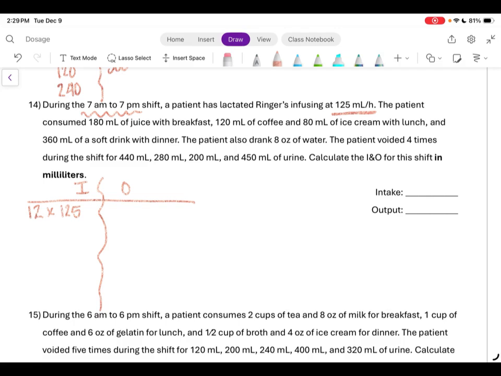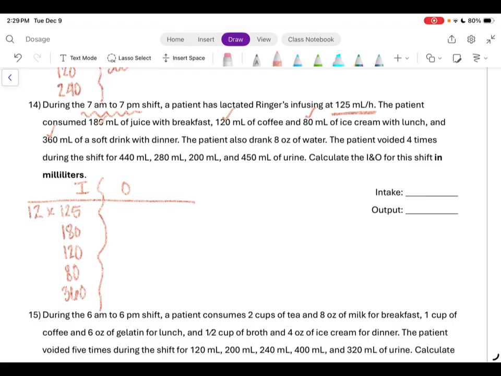Then the patient also has 180 of juice, right here, 120 of coffee, 80 of ice cream, 360 of a soft drink at dinner, and then they also have 8 ounces of water.